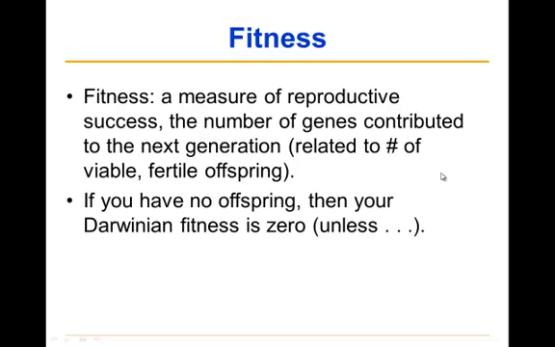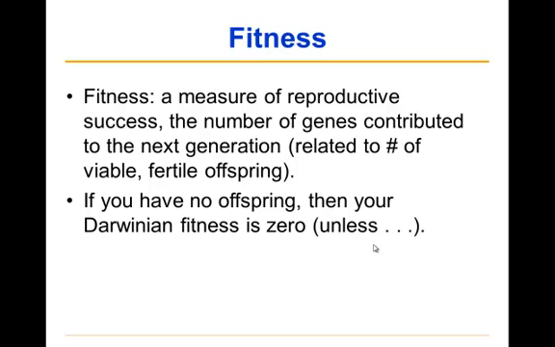Now, if you have no offspring, then your Darwinian fitness would be zero. And I put here unless. Unless what? Unless you have relatives that have offspring because they share half of your genes. For example, on average, your siblings share half of your genes, and so their children will be 1/4 the same genes as you.